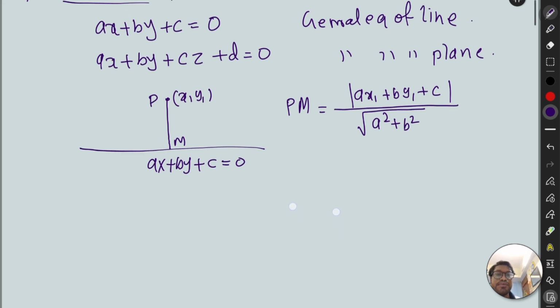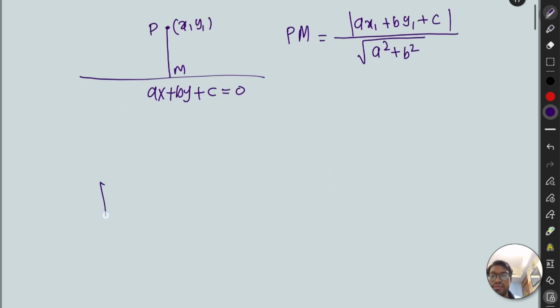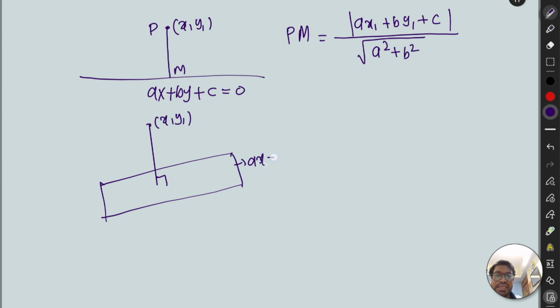Similarly, if we want to know the distance of a plane from a point (x1, y1, z1), suppose the equation of the plane is ax plus by plus cz plus d equal to 0.